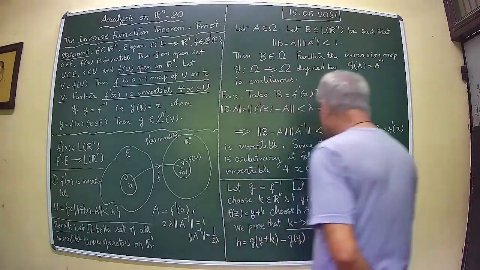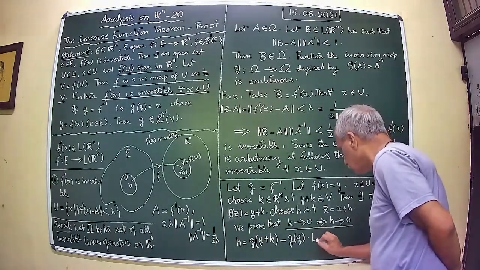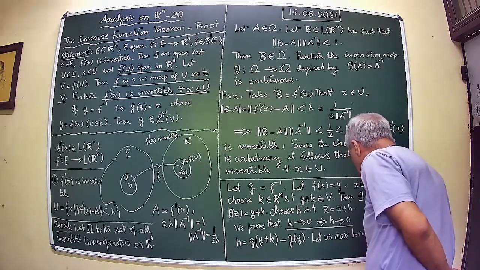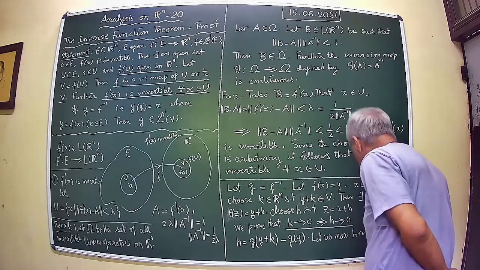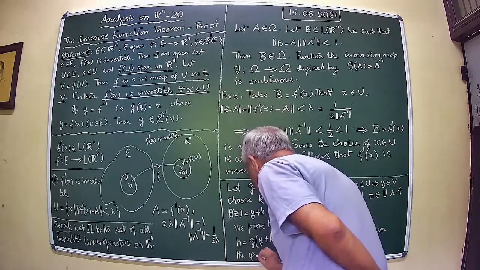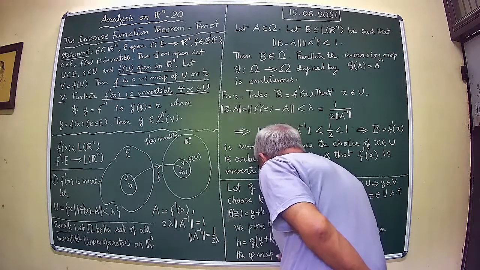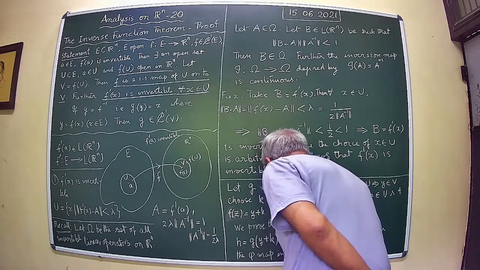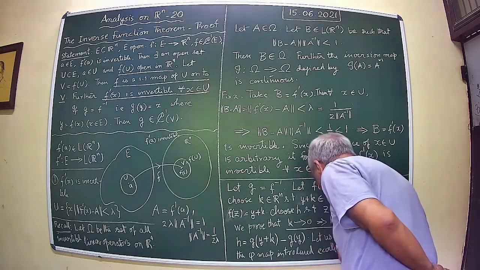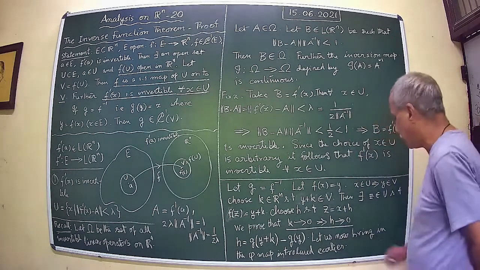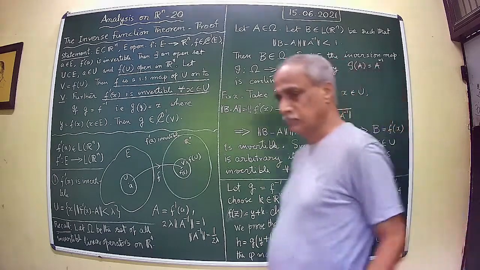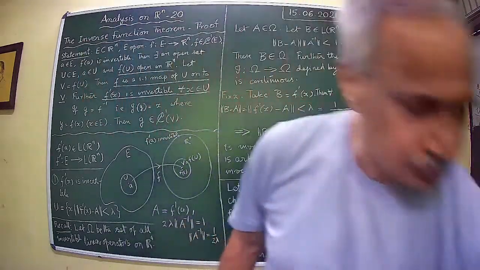Now let us bring in the phi map introduced earlier. Now phi works on U to U. So let us compute the effect of the phi map.